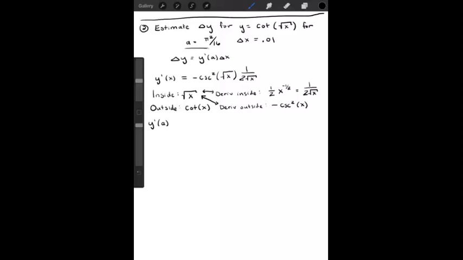And in this case, a is one of the things given to us. Right. So this is going to be negative cosecant squared of the square root of pi squared over 16, times 1 over 2 times the square root of pi squared over 16. Now, cleverly, I chose an a that works nicely with a square root.